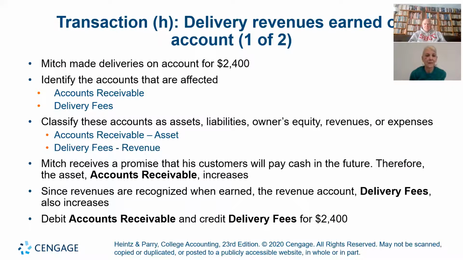Delivery revenues earned on account, no money on account of everybody was broke. Well, we sold the pizzas, we delivered the food, so it's a legitimate revenue at that point, but we're not getting cash. We're going to get paid later.